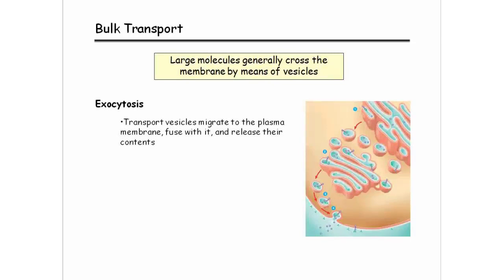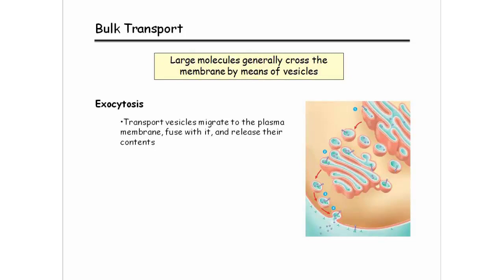If we fuse this with the plasma membrane, anything that was inside that vesicle is now going to be dumped outside of the cell. So in one step, we've basically taken a bunch of stuff that was inside the plasma membrane, and now we've dumped it outside the plasma membrane. Notice that anything that happened to be inside that vesicle is going to get dumped across the membrane.